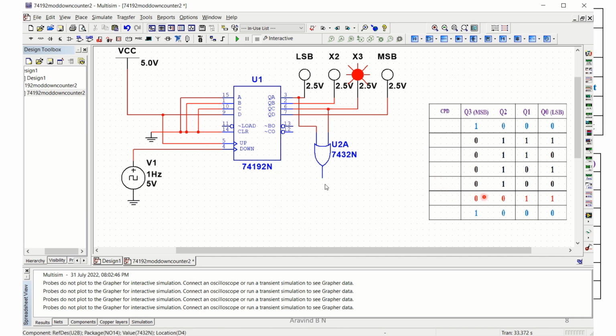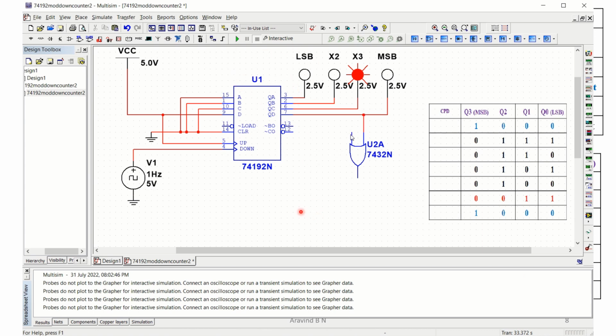So the values are 8, 7, 6, 5, 4. Let us make an identification of that connections. I'm not supposed to get the value 3. Instead, I must get back to the value 8. That's what the procedure is. Q2 and Q3, those 2 bits are 0. So they must be passed through the OR gate, and I'm not going to make any explanation which load signal we have to connect, as I told you before. In this particular case, the bits which have the value 0, those bits must be connected to the OR gate.